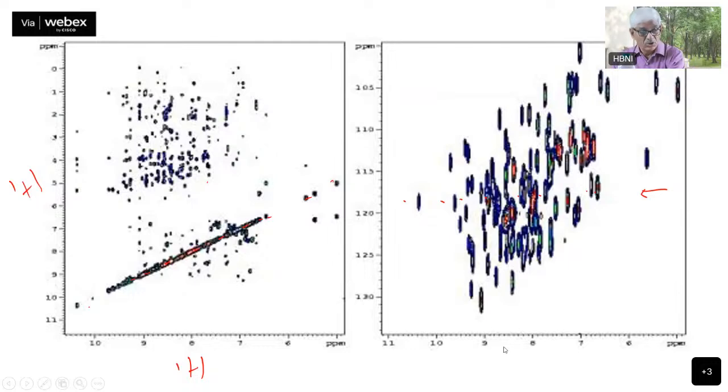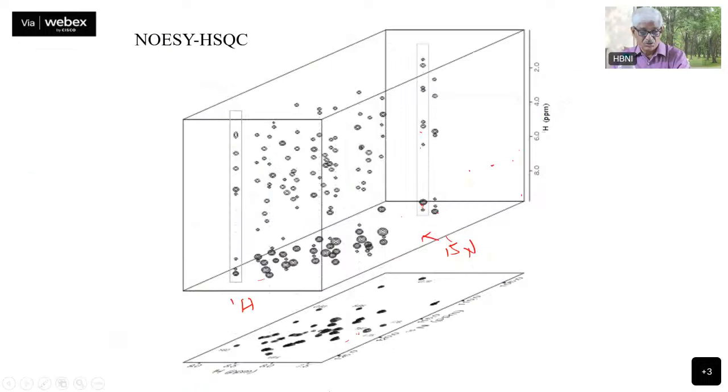In this case, they all get separated out into different planes from the 3D spectrum. You can analyze individual planes, and that will improve the resolution and accuracy of your analysis. This is the advantage of doing the experiment in three-dimensional mode, the three-dimensional NOESY HSQC spectrum.